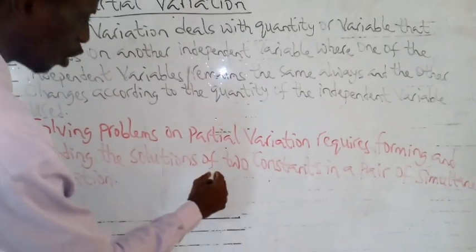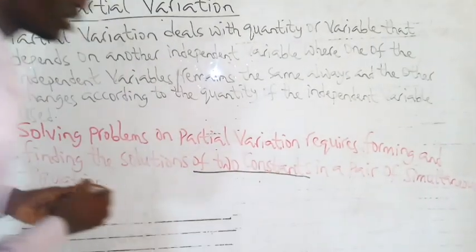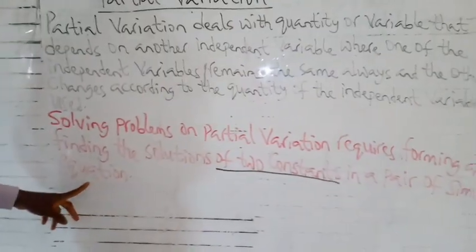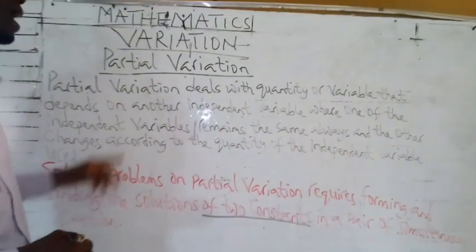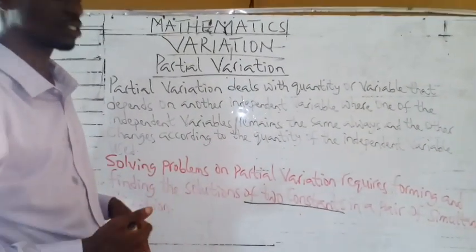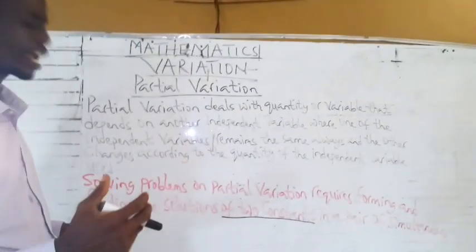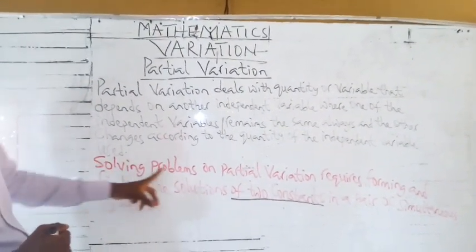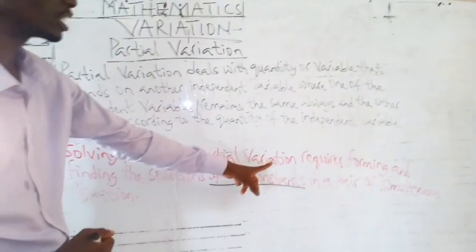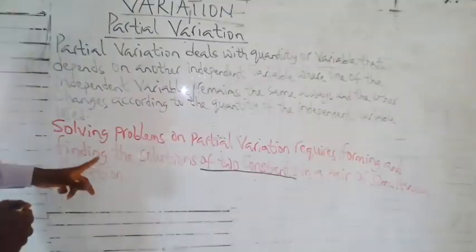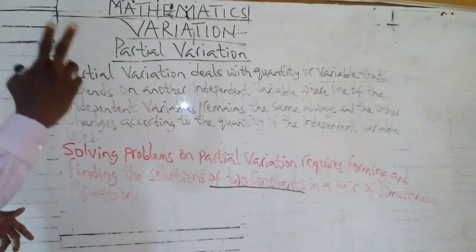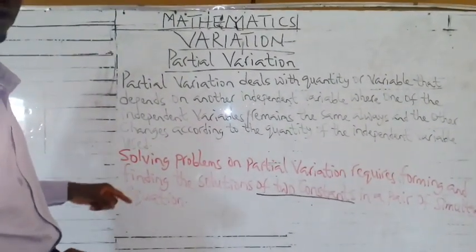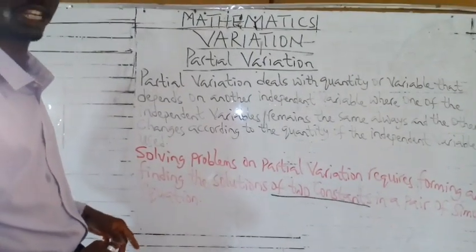I want you to understand the word 2 constants in a pair of simultaneous equations. Viewers at home, partial variation is the simplest. All you just need to take note of is what I've rightly given on the board, that when you are solving problems on partial variation, it requires forming and finding the solution of 2 constants in a pair of simultaneous equations. In the example, we are going to do justice to this.